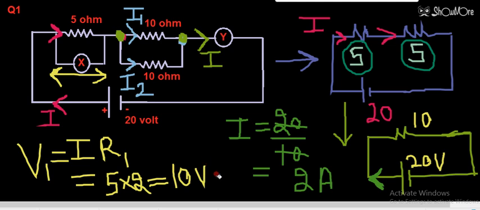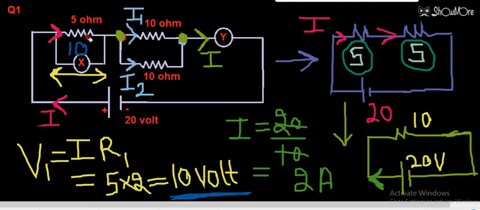So students, in this question we have to find two things. Firstly, we have to identify the devices. So device X is a voltmeter and the reading of X will be equal to 10 volt. Out of this 20 volt, because the battery contains 20 volt, 10 volt will drop across this voltmeter.